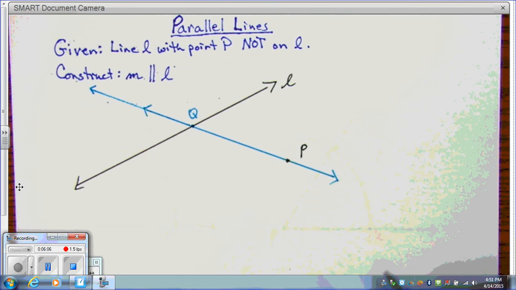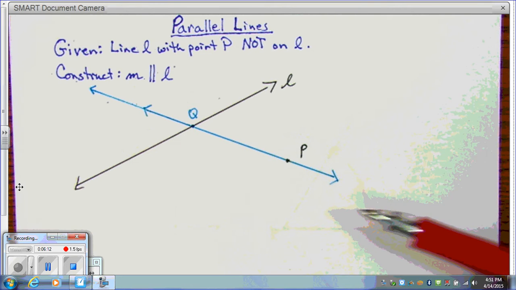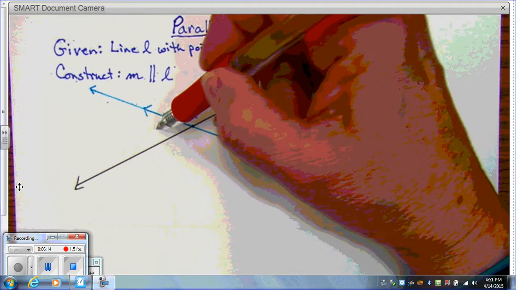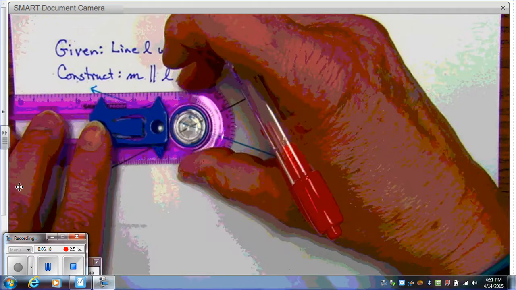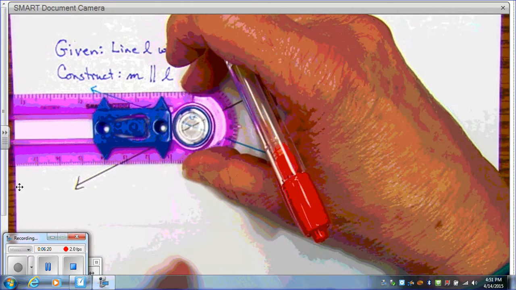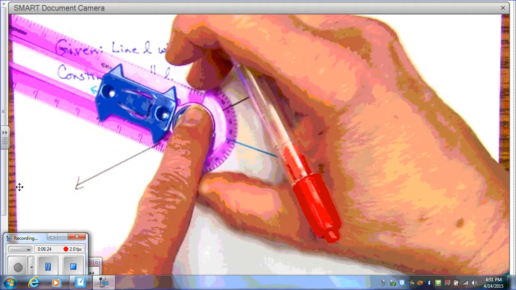So follow me. Everybody got your line through P, and you labeled that intersection Q, okay? Focusing on this angle only, I'm going to put my favorite arc at Q. Okay, and I need to cross both sides out here.